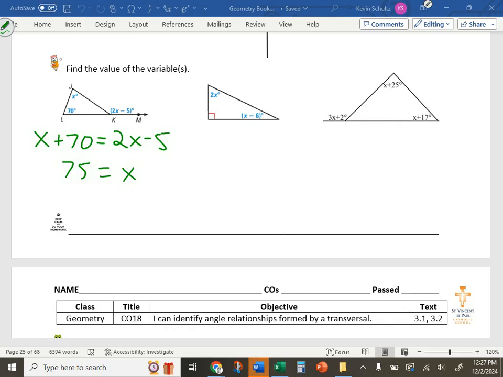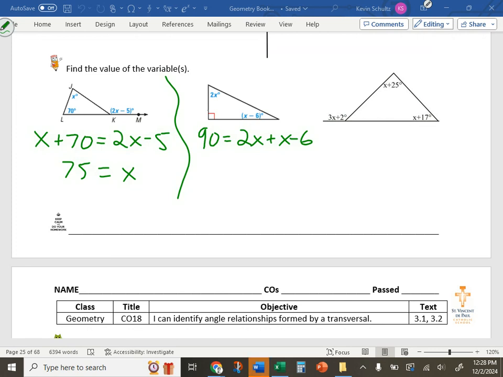Next one, you have a right triangle. What relationship can you set up with this one? 90 equals 2x plus x minus 6. Yes, 90 equals 2x plus x minus 6, because the triangle sum theorem says that the two acute angles of a right triangle must sum to 90, because then you include the right angle, and that will give you 180 in total.